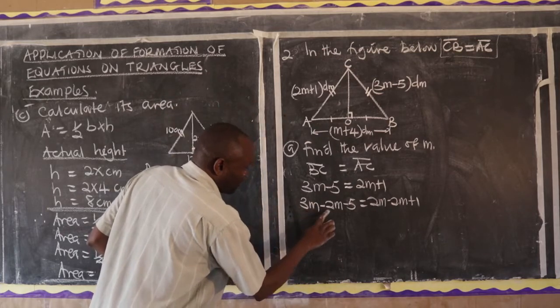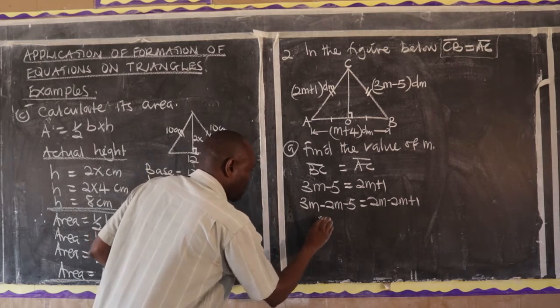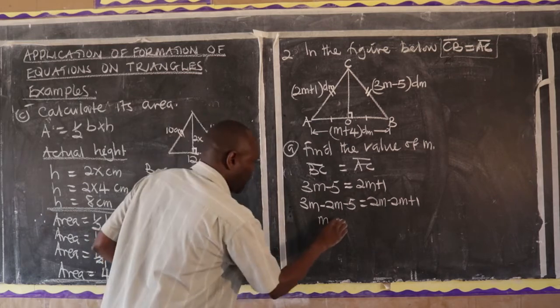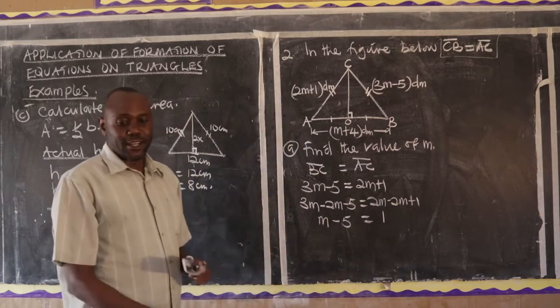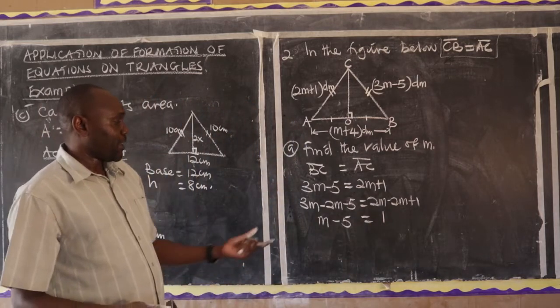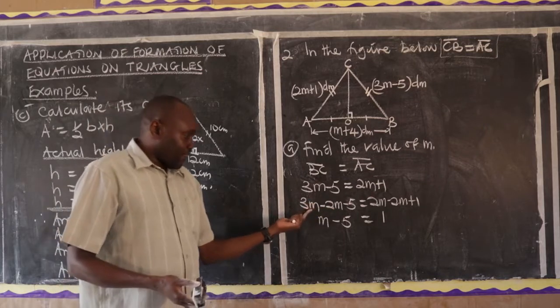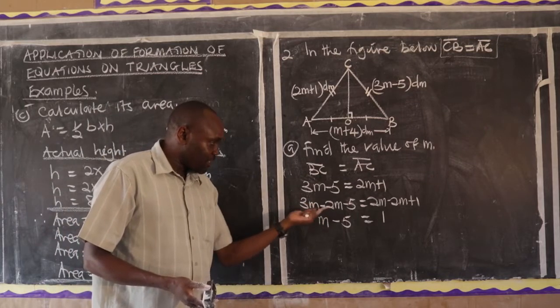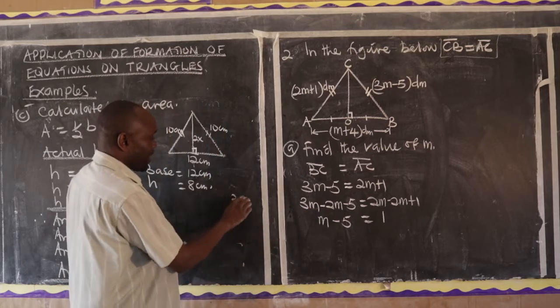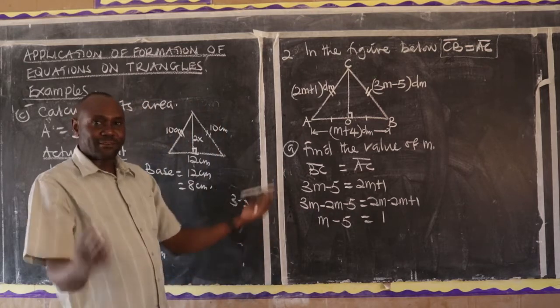So 3m minus 2m, we shall remain with the m, minus 5 equals 1. Dear candidates, sometimes we have a problem when the unknown is there. But you give a child 3 minus 2, they see the answer very fast, 1.